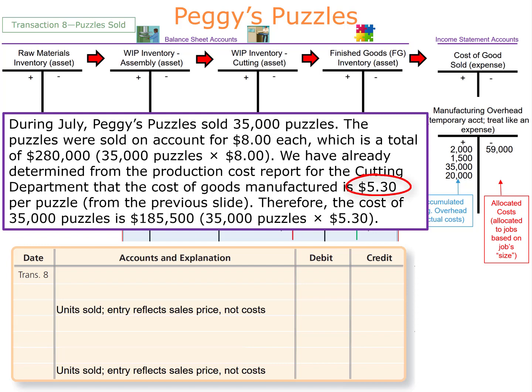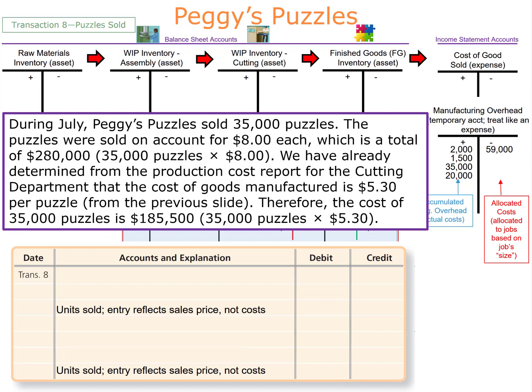Therefore, the cost of 35,000 puzzles is $185,500. We got that by multiplying 35,000 puzzles by $5.30. The puzzles were sold on account for $8 each, which is a total of $280,000. We get that by multiplying $8 by 35,000 puzzles.